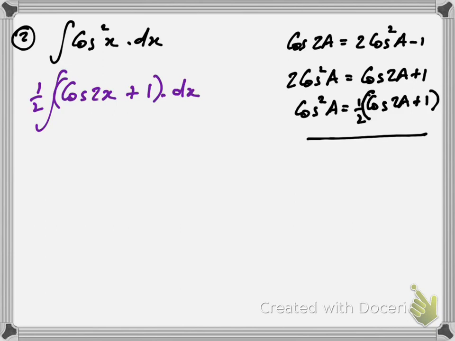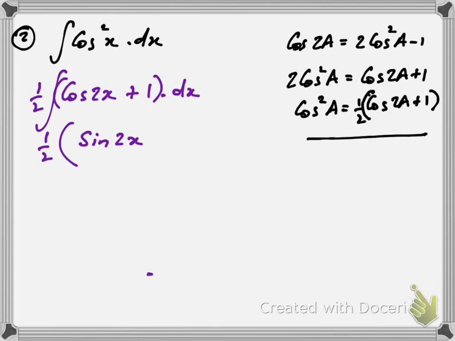So now I can actually integrate. I have half outside, cos becomes sine 2x.